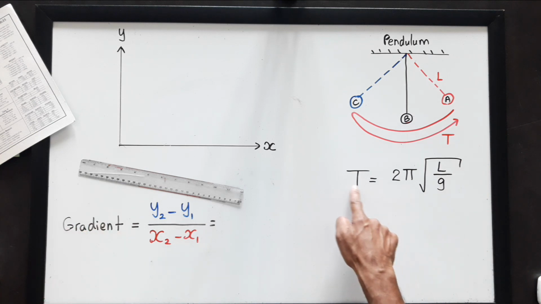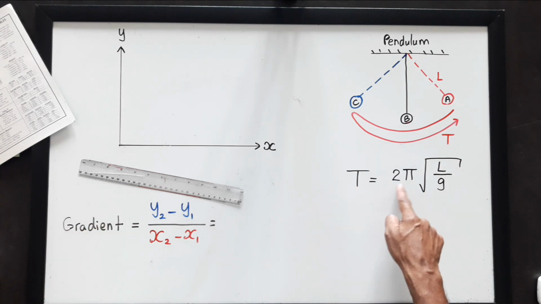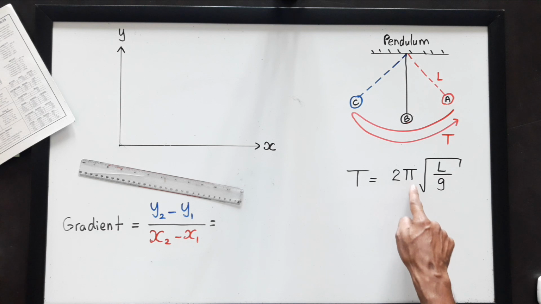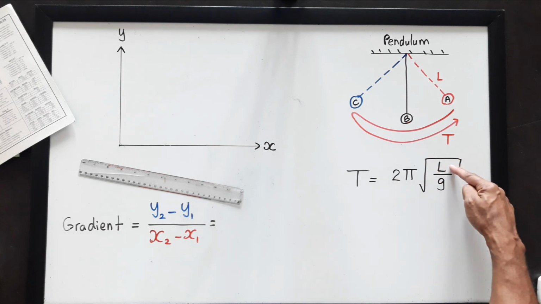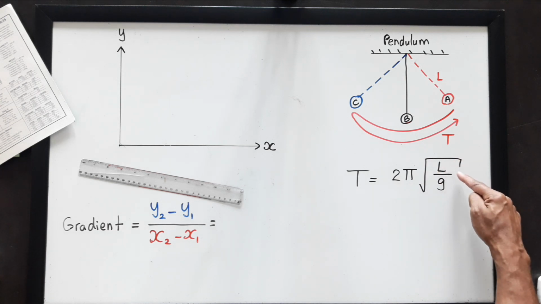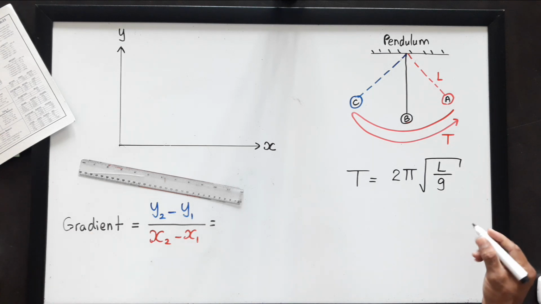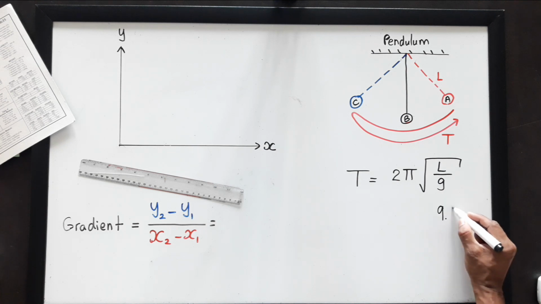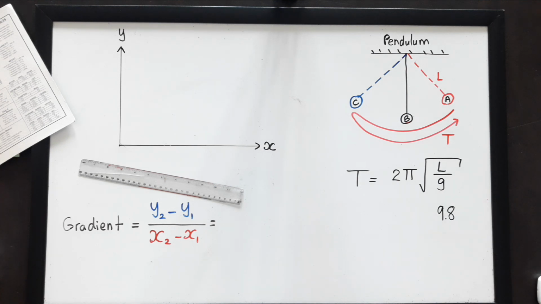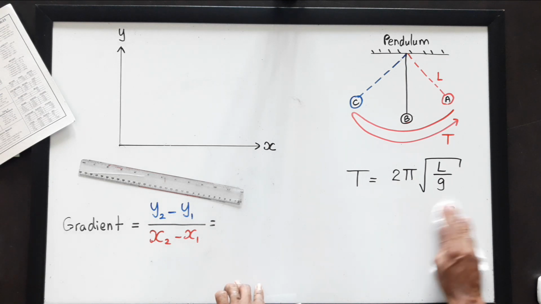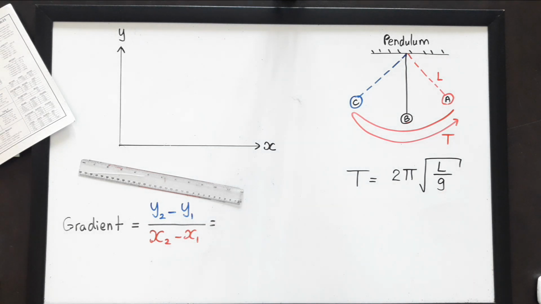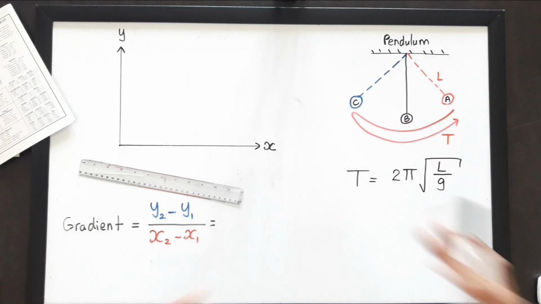And here is the formula. T is equal to 2 pi, don't let the pi frighten you, square root of the length of the string divided by g. g stands for gravity. The average value of gravity on Earth is roughly 9.8. We can actually do this experiment to calculate the value of gravity on Earth. And this is exactly what we're going to be doing in today's question.